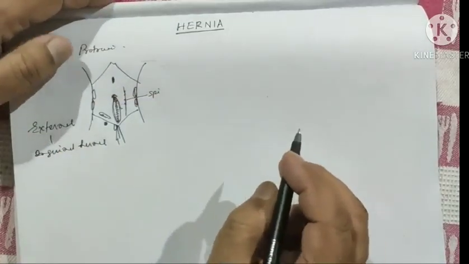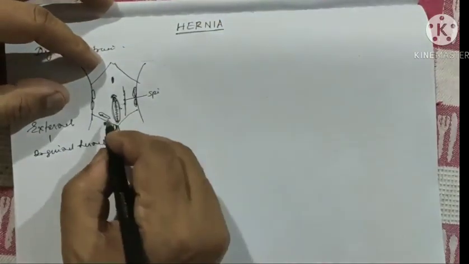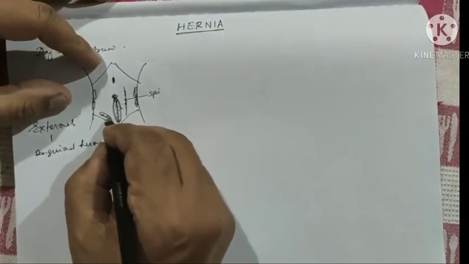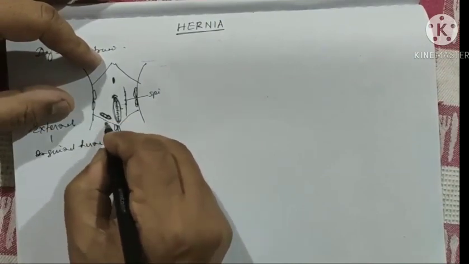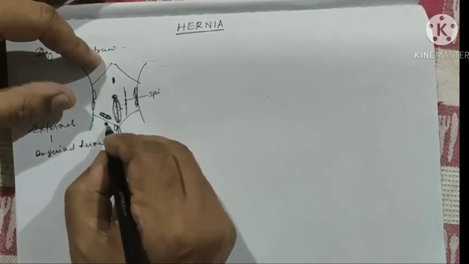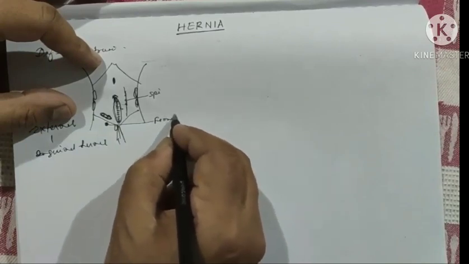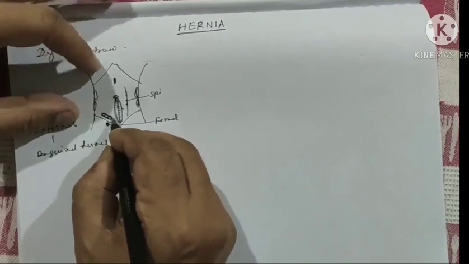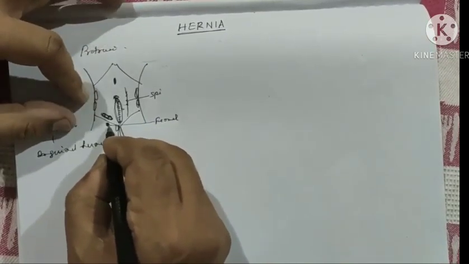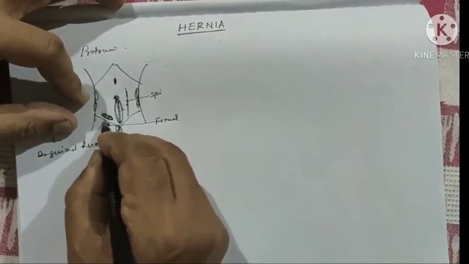So these are the usual external hernias you can come across. Out of this, both in male and female, inguinal hernia is the commonest one. Femoral hernia occurs most commonly in female, but even in female inguinal hernia is the commonest one.